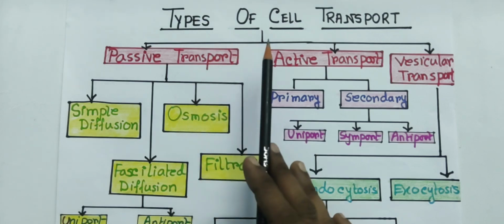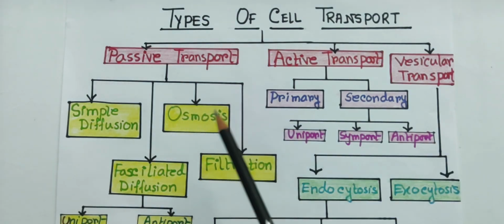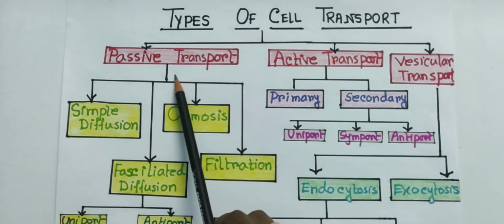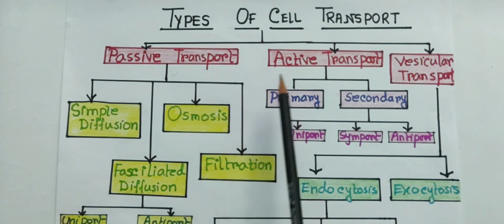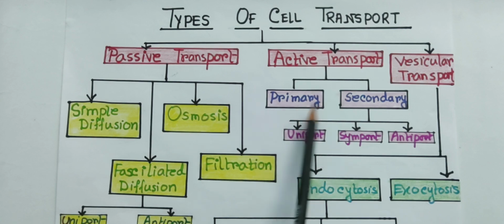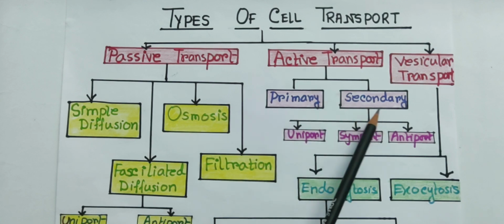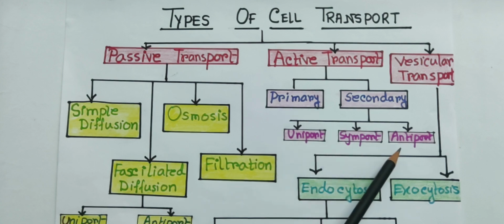So I am coming to the details. First look over the chart. Passive transport is divided into four: simple diffusion, facilitated diffusion, osmosis, and filtration. Active transport is divided into two: primary and secondary. Secondary is also divided into uniport, symport and antiport.